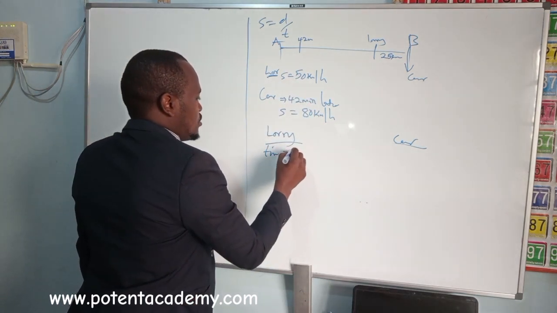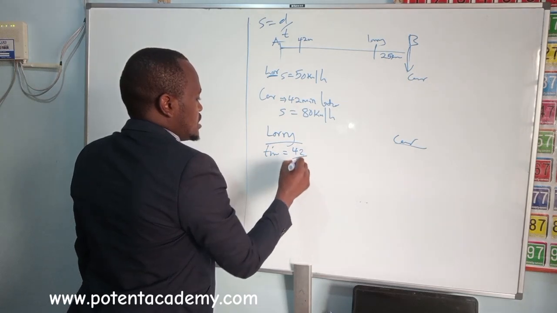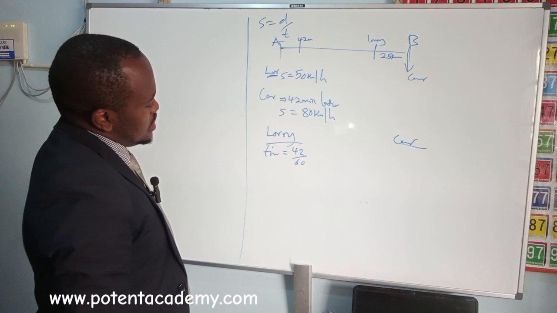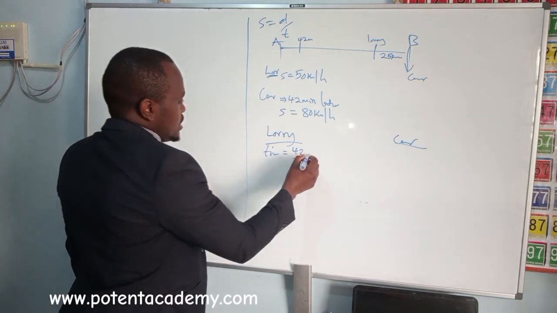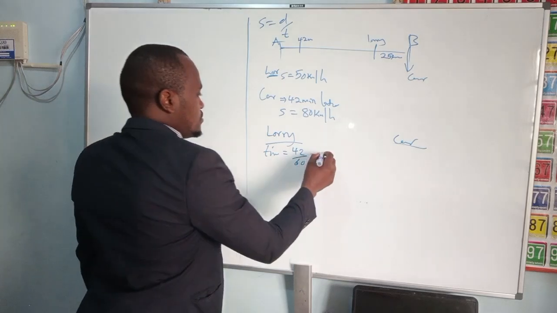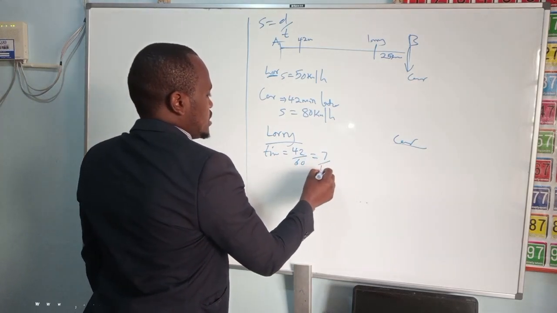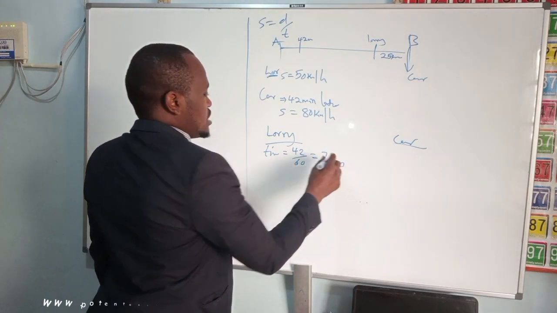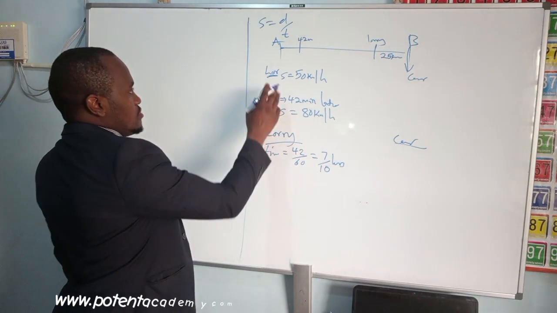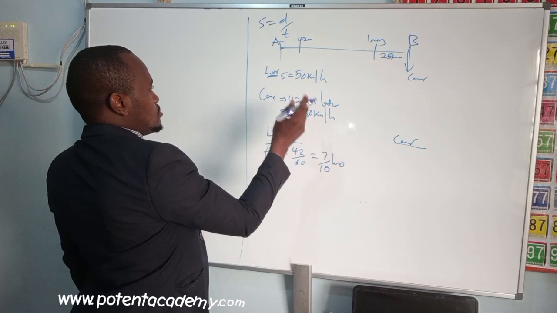We can say it's 42 over 60 hours. So we can divide by 6, it is 7 over 10 hours. So 7 over 10 hours is the time that the lorry had traveled in 42 minutes.